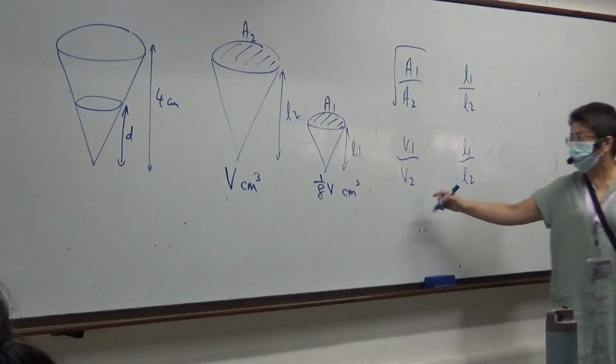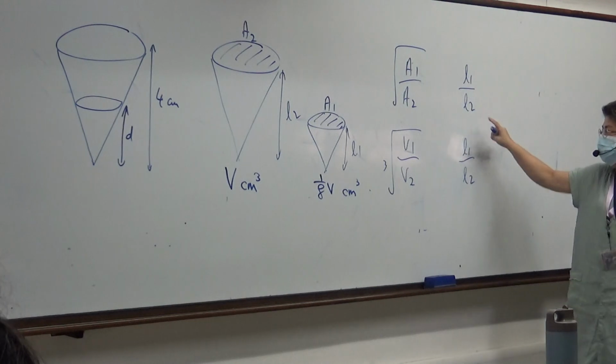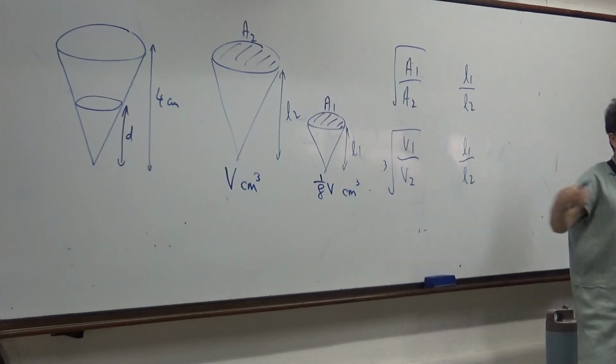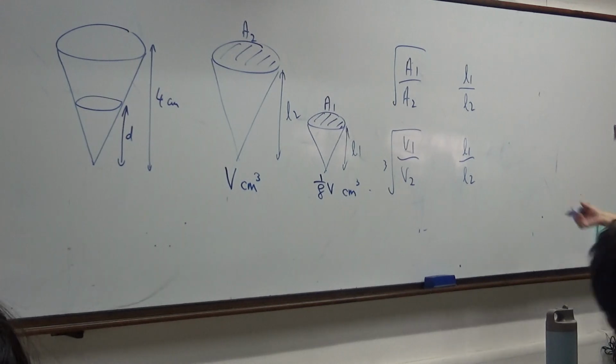Yes, you just cube root. So actually, after you get this one, you can find either one, depending on which one they give you. So don't say they give me volume, they want you to find area, I cannot find. You can find the length first, then go to area. So this is the one that you should take note of. Everybody clear? Yes or no?